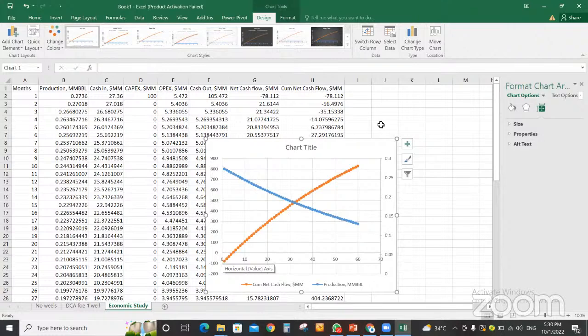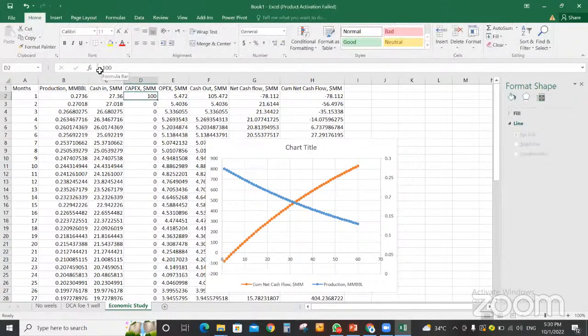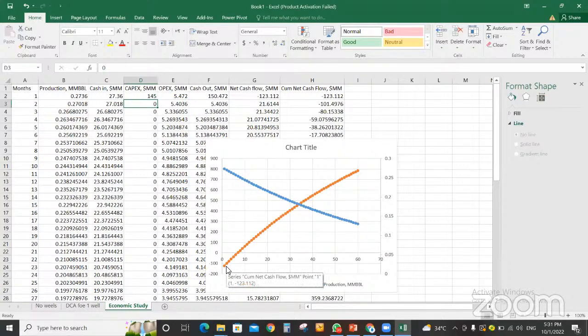I think that here in CAPEX we should also have the CAPEX of the 9 wells, so 9 wells multiplied by the cost per well, which was 5 million. So we have a negative value for the cumulative cash flow due to the initial cost for the facilities and the well drilling cost.